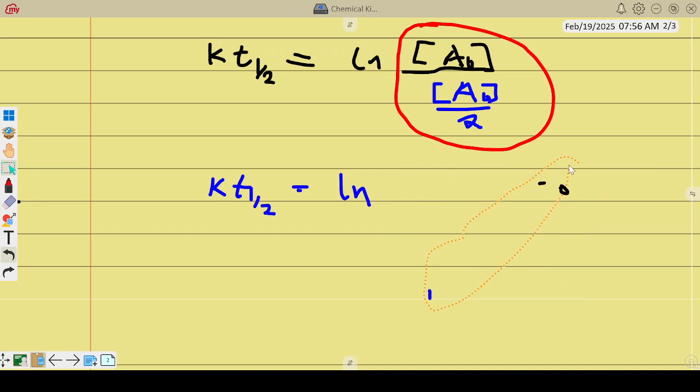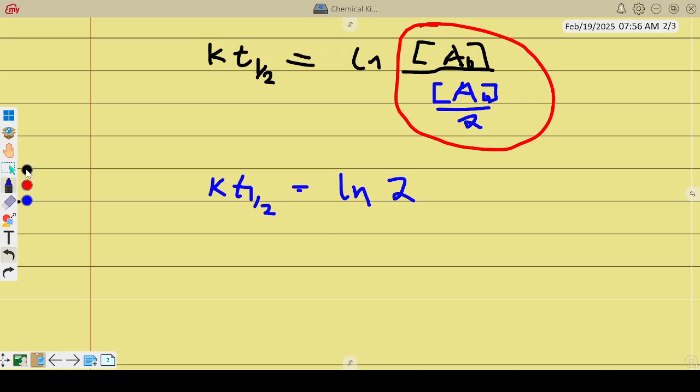This a naught and that a naught will cancel. So meaning we'll have ln 2. We're going to have ln 2 there.